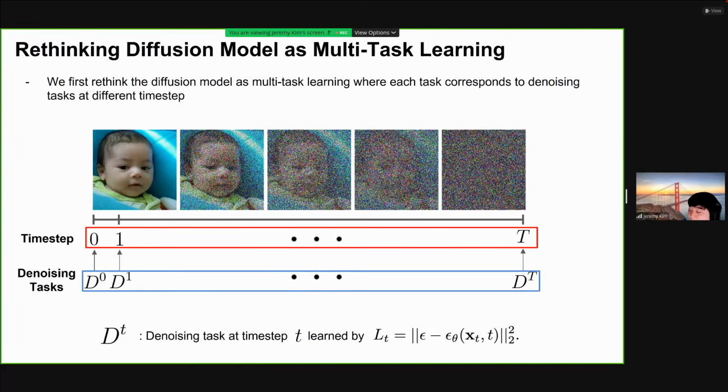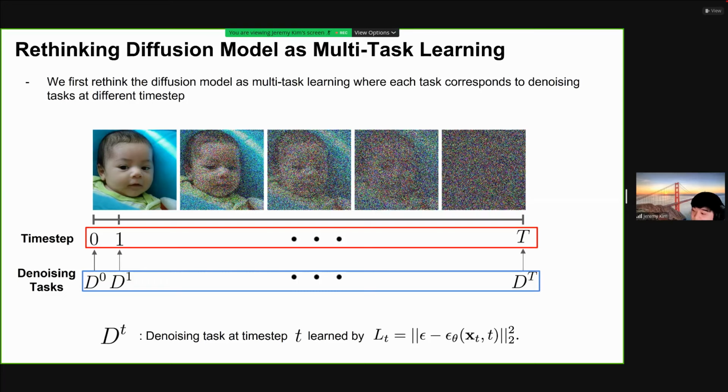Moving to our core concept, we initiate a novel perspective by rethinking diffusion models through the lens of multitask learning. In this slide, diffusion models become adept multitask learners, where each task is aligned with the denoising operation at a specific time step t, and is guided by a loss function L_t. These denoising tasks are not isolated, that is, they are commonly trained by utilizing a shared parameter space across all time steps.